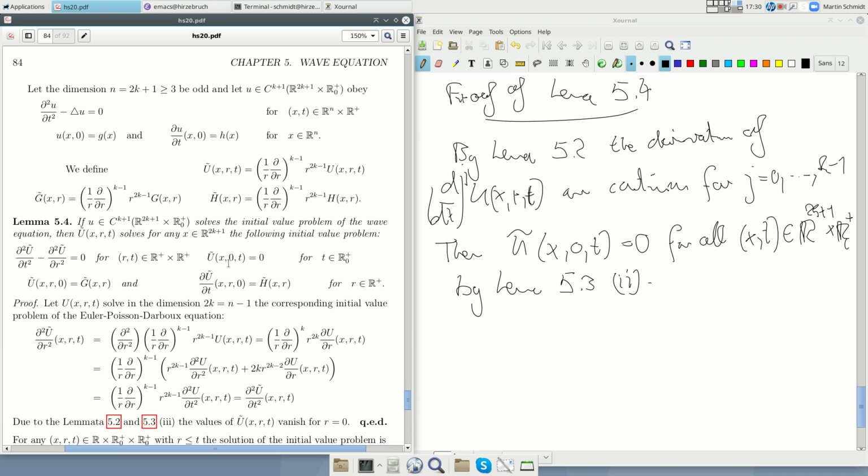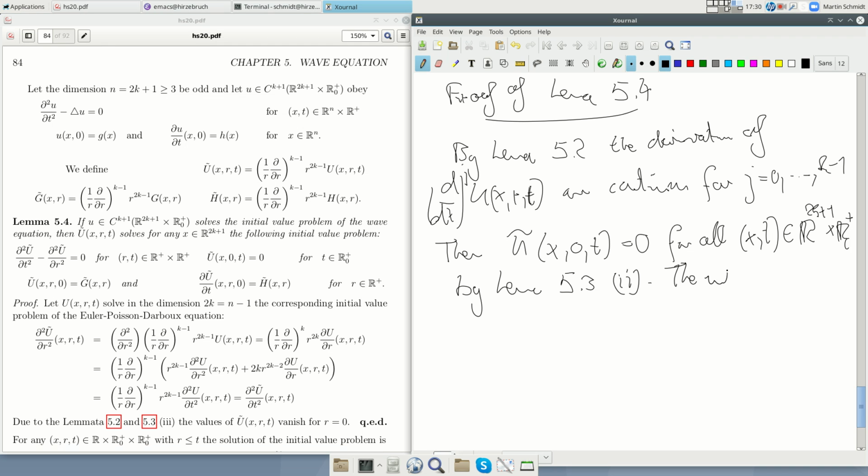Okay, so this proves this. Now let's derive this difference. And this is also clear, just because everything is linear. The initial values are clear by linearity of this operator.